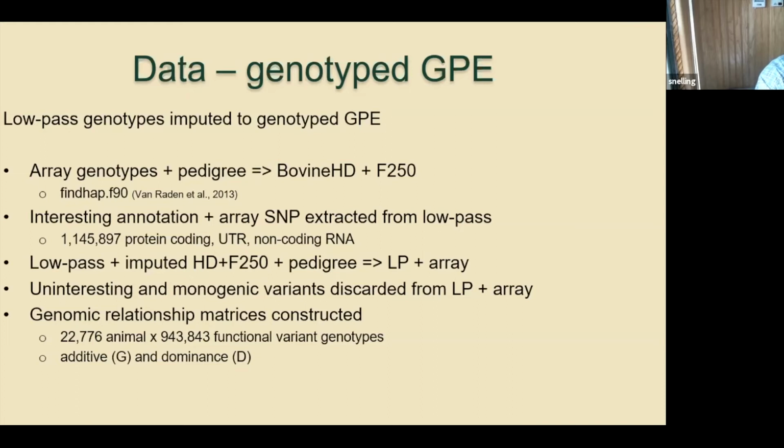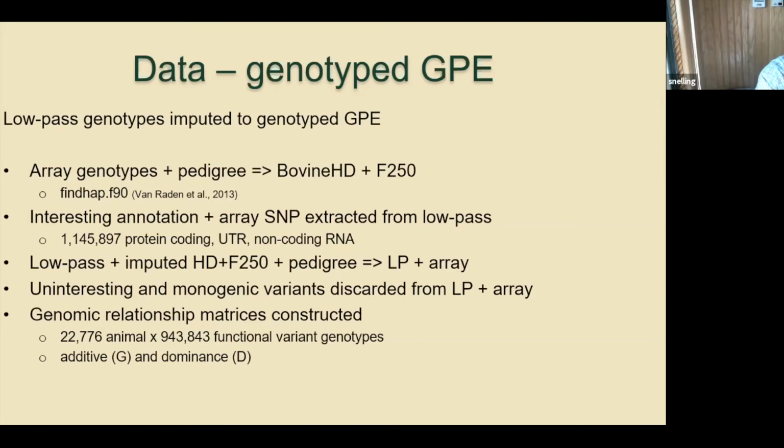First, to impute all the array genotypes to the combination of the bovine HD and F250, and extracted those variants plus variants that were interesting according to the annotations. So that was over 1 million variants in protein coding sequence, untranslated regions, and non-coding RNA that might affect regulation.